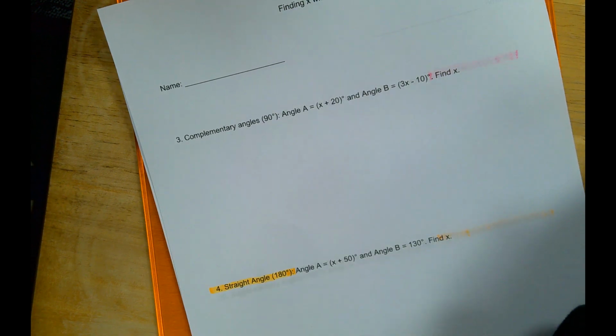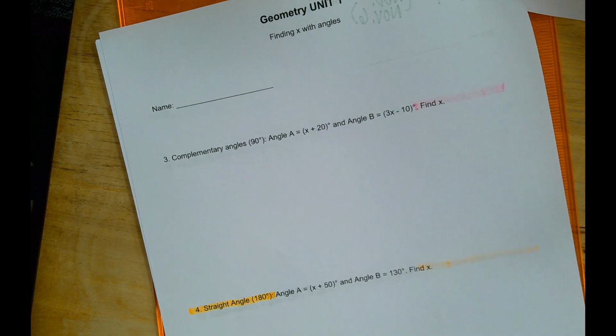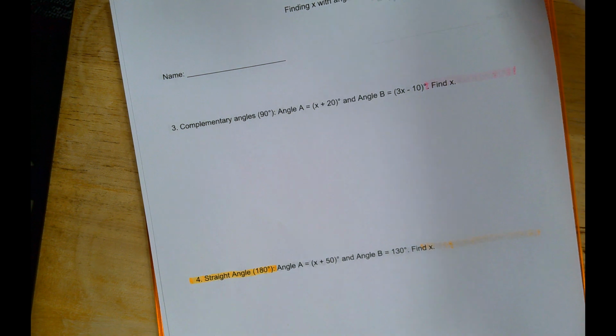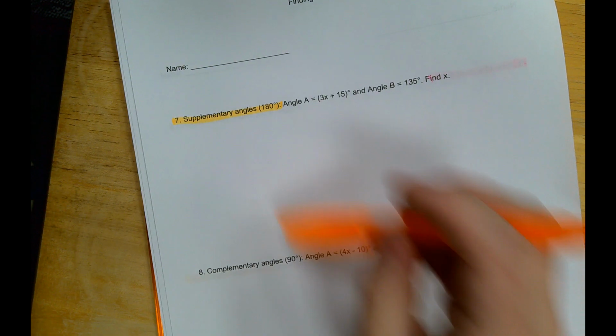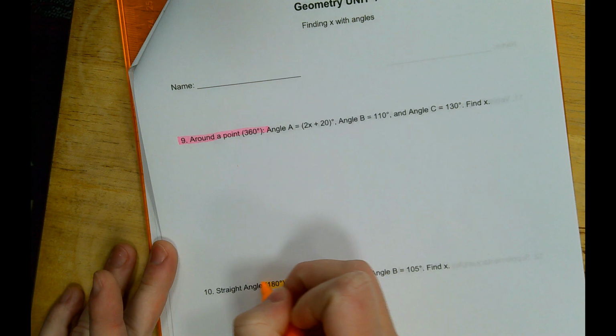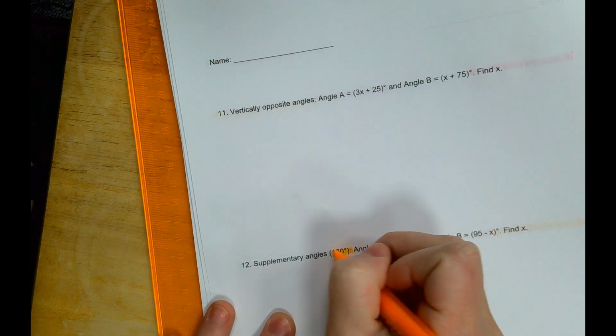If it's 180 degrees, we're going to highlight it orange. So there's 7. Number 10. Number 12.